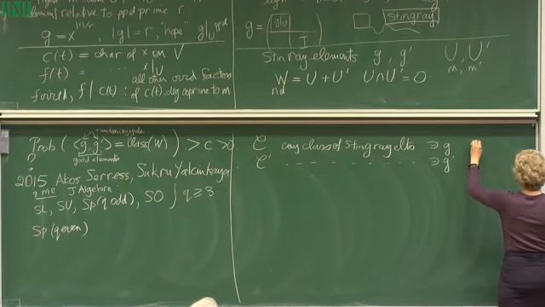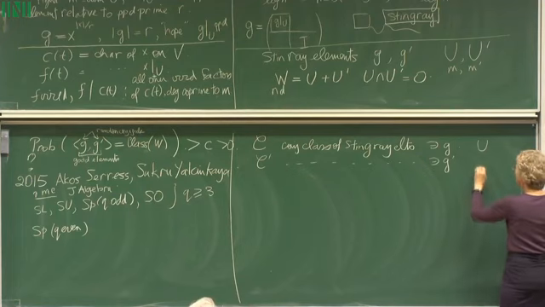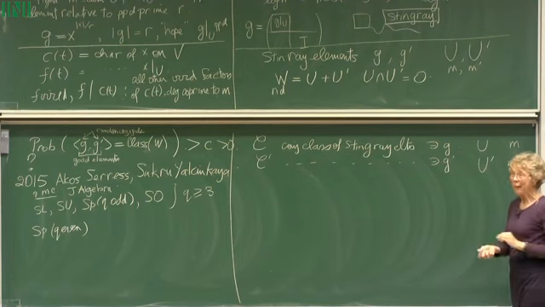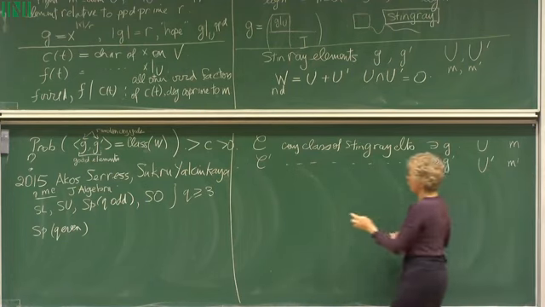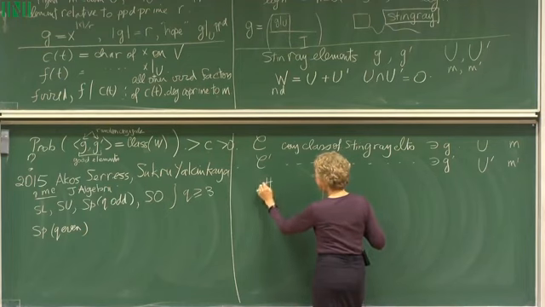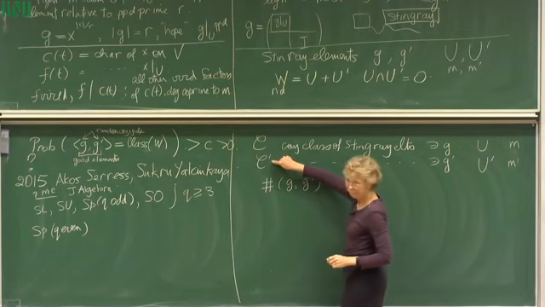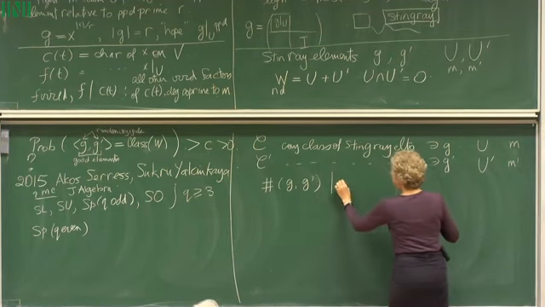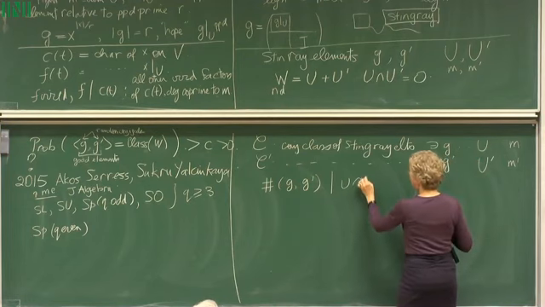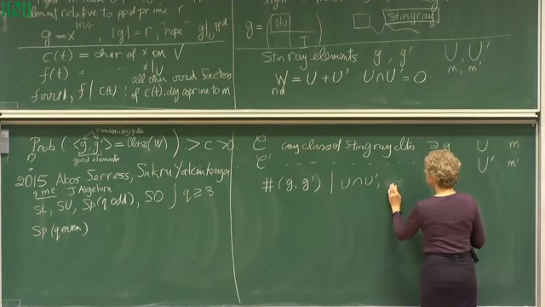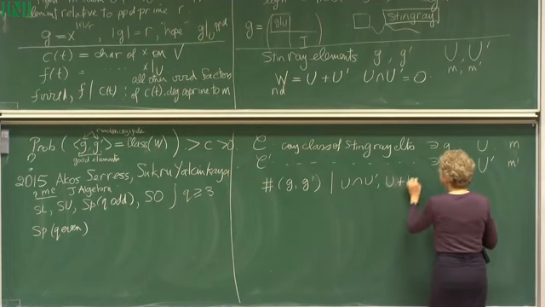So G has got a non-degenerate subspace U associated with it, and G prime has got a non-degenerate subspace U prime associated. U has dimension M, U prime has dimension M prime. So what we would like to know is the number of pairs G, G prime in C and C prime such that their associated U and U prime are disjoint, that their sum is non-degenerate.